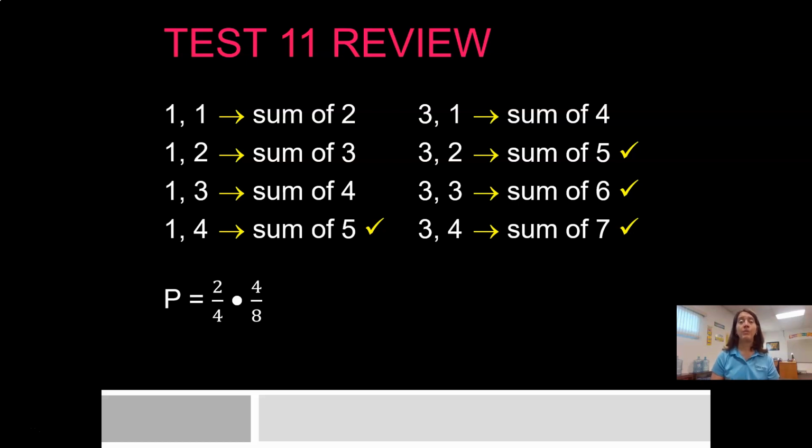On the screen up here, I have 8 different sums that are listed, 4 in the first column and 4 in the second column. How many of those sums met the requirement of greater than 4? I see 4 check marks. So 4 out of the 8 met the requirement. Again, you could reduce that down to 1/2, and I'll do that. So 1/2 times 1/2 gave me my final probability of 1/4.